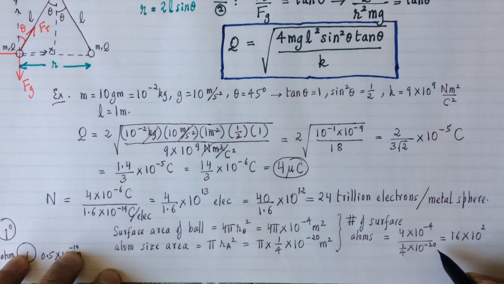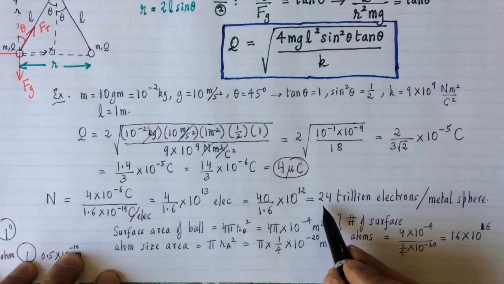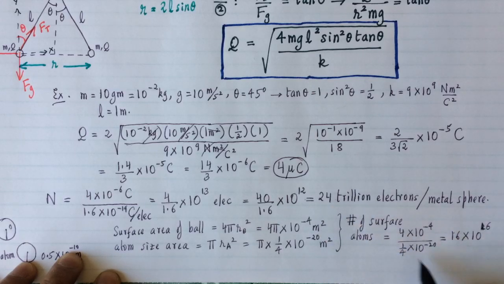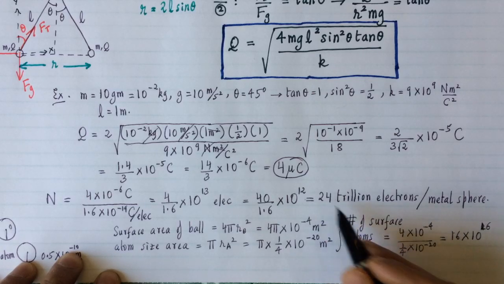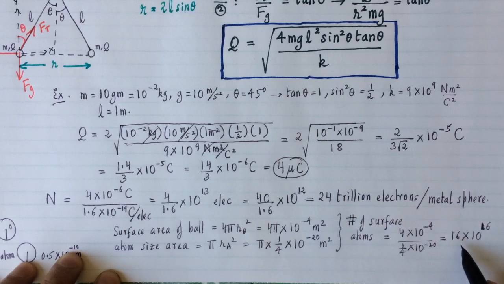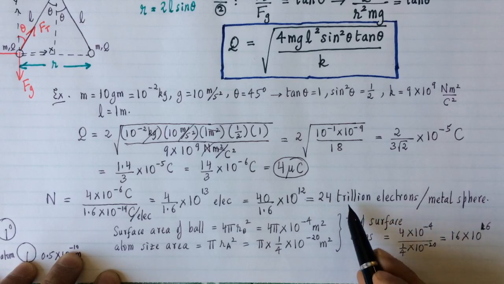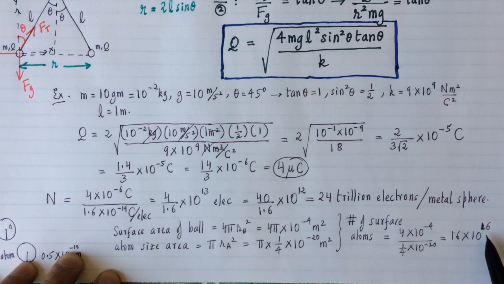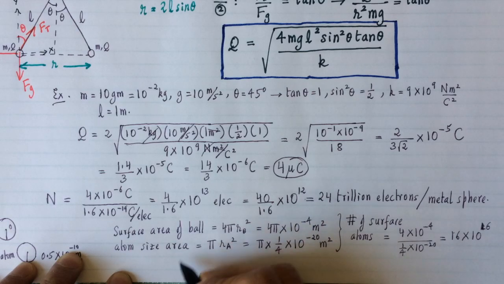Actually, hang on, not 24, 10 to the 16, because 20 minus 4 is 16. Not bad. 16 times 10 to the 16, and we need 24 trillion. So calling 24 the same as 20 and calling 16 the same as 20, we need 1 trillion, and we have 10 to the 16.